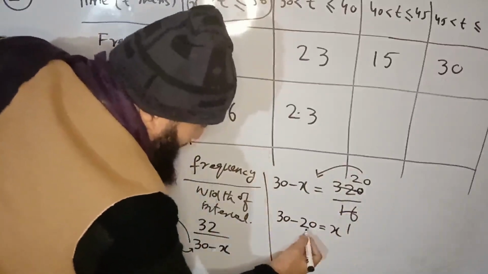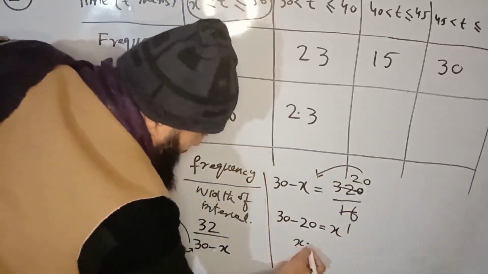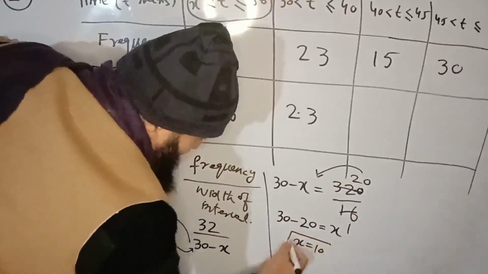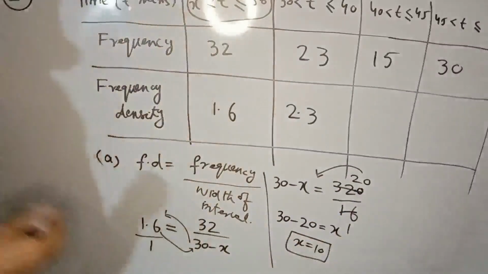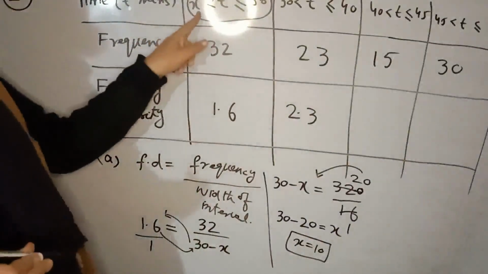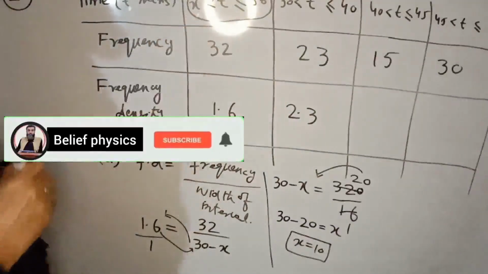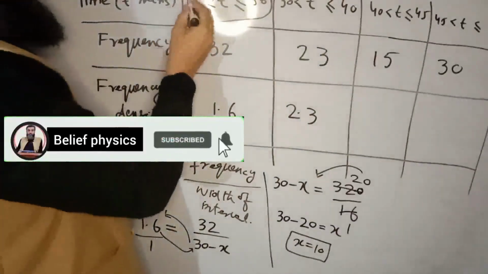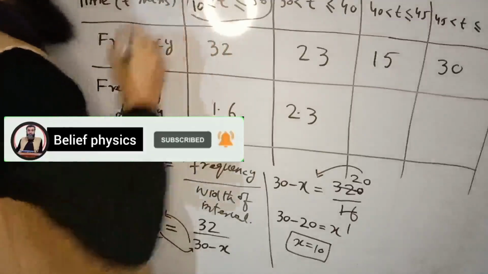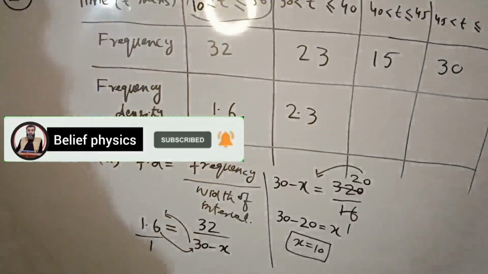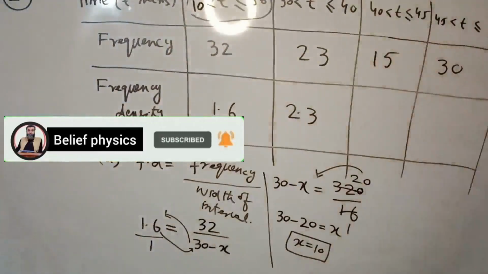So 30 minus 20 is 10. So x is equal to 10 is the answer of part A. So value of x in this interval should be equal to 10. It means this interval is from 10 to 30. Got it?